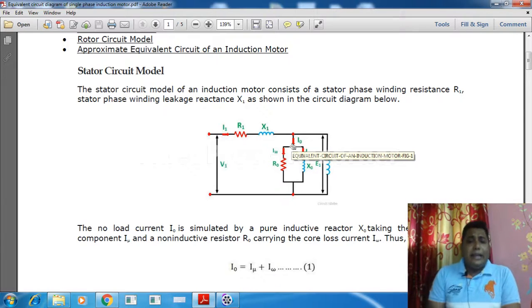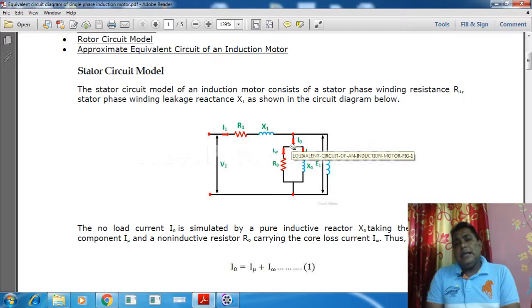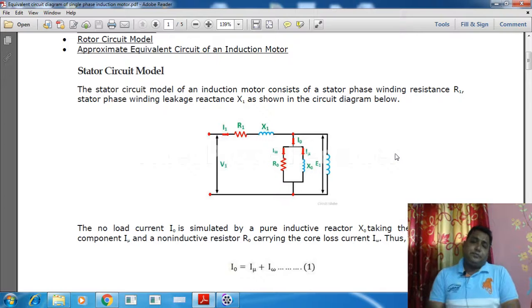The no load current I0 is simulated by a pure inductive reactance X0 taking the magnetizing component Imu, and a non-inductive resistance R0 carrying the core loss component, that is IW. That means the I0 current is the vector summation of Imu and IW.